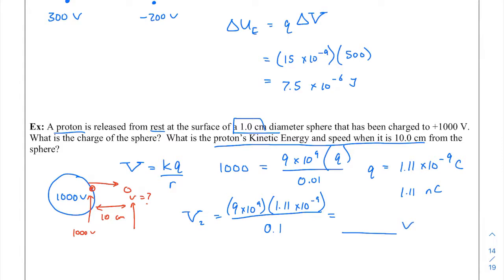And then in terms of kinetic energy and speed, essentially this change in potential energy is going to become kinetic energy. So I know that I've got this QV of my proton, and that's going to become a kinetic energy, one half m v squared.